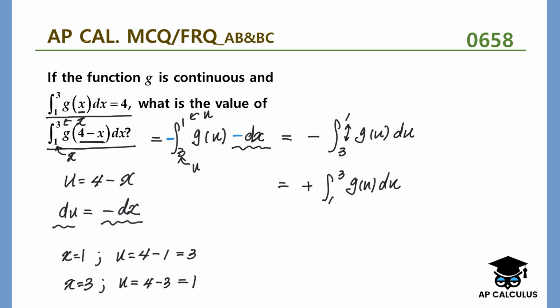Since integral from 1 to 3 of g of x dx is equal to 4, with the same lower limit and upper limit, and the same function, that's going to be equal to 4. Okay, so the answer is 4.